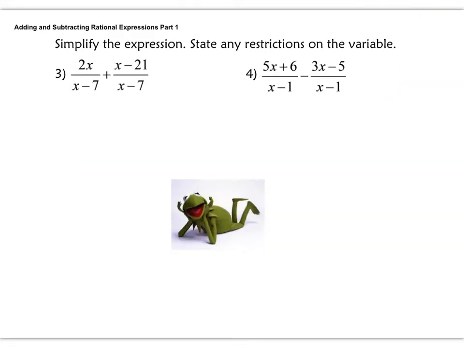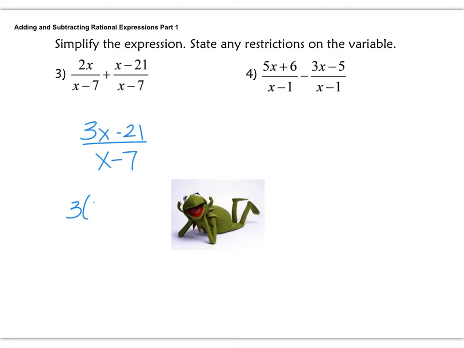All right, just a couple more basic ones here. Number 3 already has a common denominator of x minus 7. And then on the top, I have 2x plus x, which is 3x, and then I have minus 21. Then looking here, can I do anything to simplify? Well, I can actually factor the top.